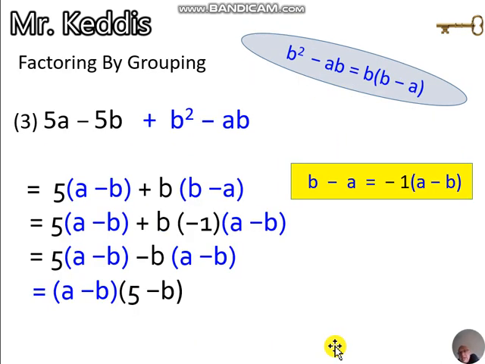Please pause and take notes. And this is the same question I just did. You have a minus b here times 5, you get the first term. A minus b times negative b, you get the second term.